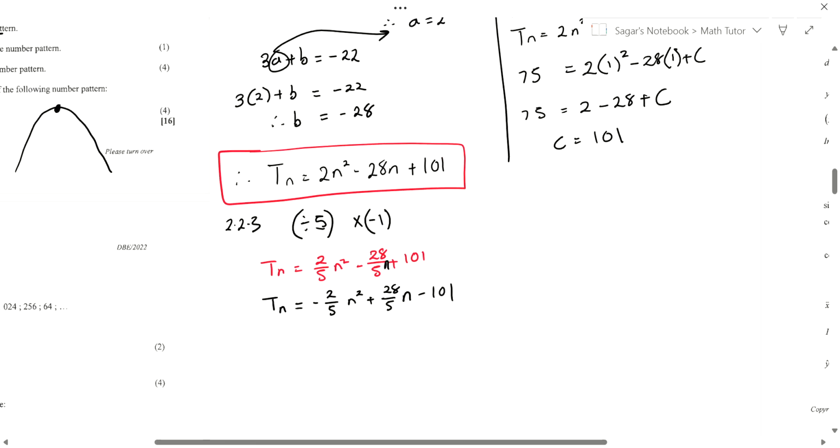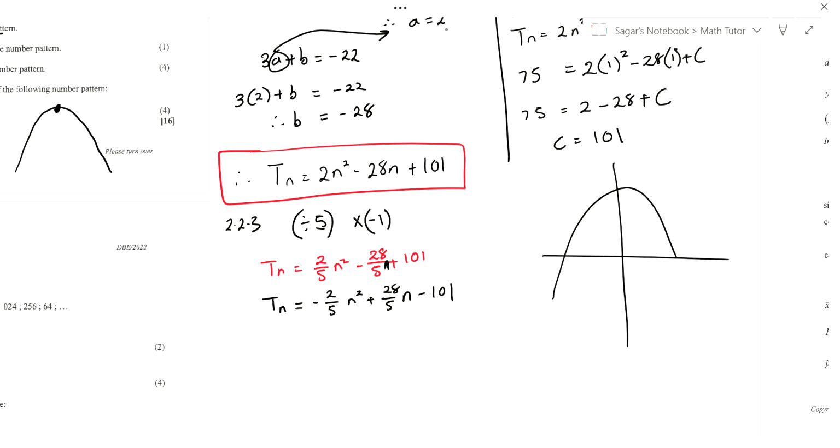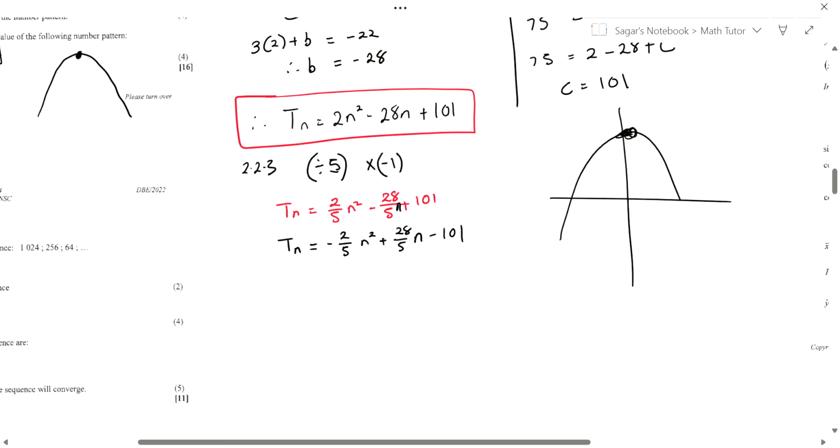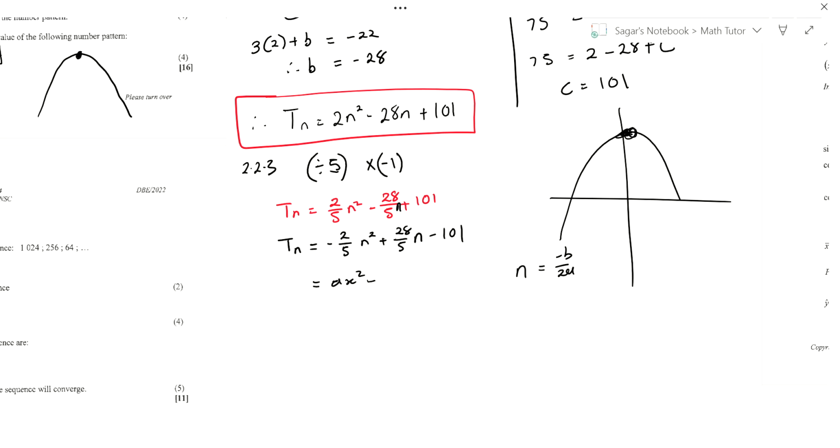Now they want to know the maximum value. Let's just sketch down a Cartesian plane. Maximum value somewhere there. We know the x value of the turning point is equal to x is equal to minus b all over 2a. In this case, it's not x, it's n. Normally, our quadratic equations will be written as ax squared plus bx plus c, but this is in the form of an squared plus bn plus c.